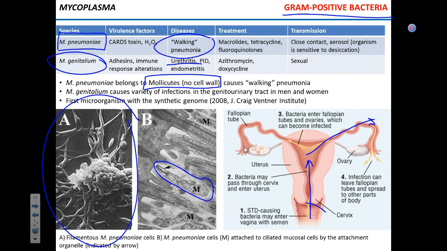Now, in the meantime, the microorganism keeps migrating, spreading through the fallopian tubes, and then it has a chance to enter the pelvic cavity. Because as you remember, fallopian tubes open into the pelvic cavity. There is no direct connection between the ovaries and the fallopian tubes, right?